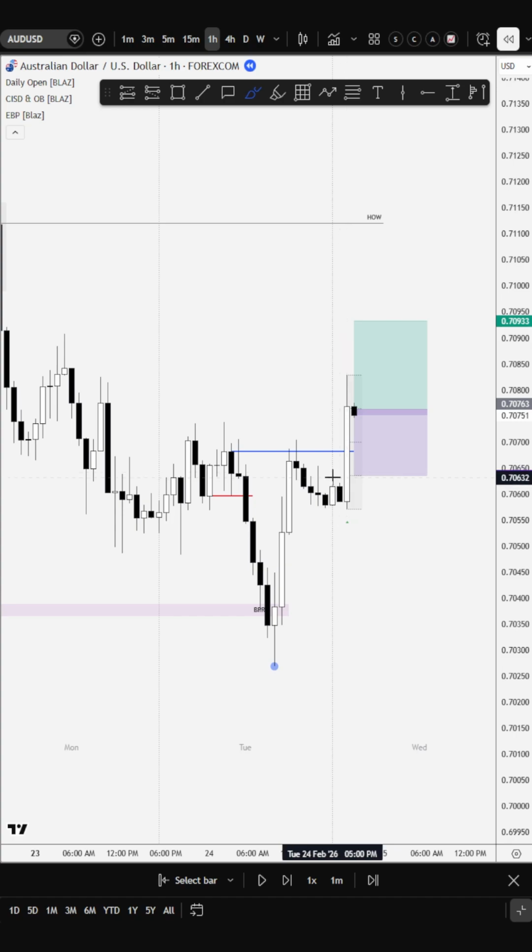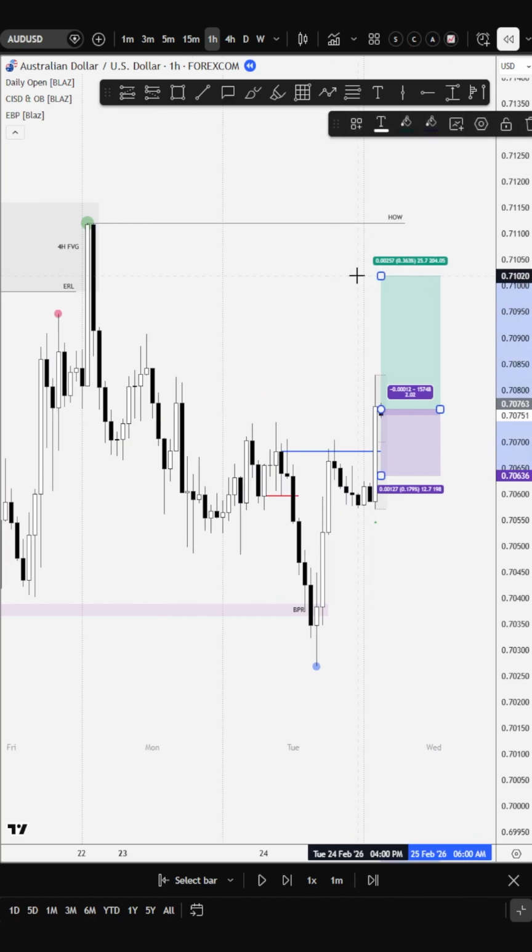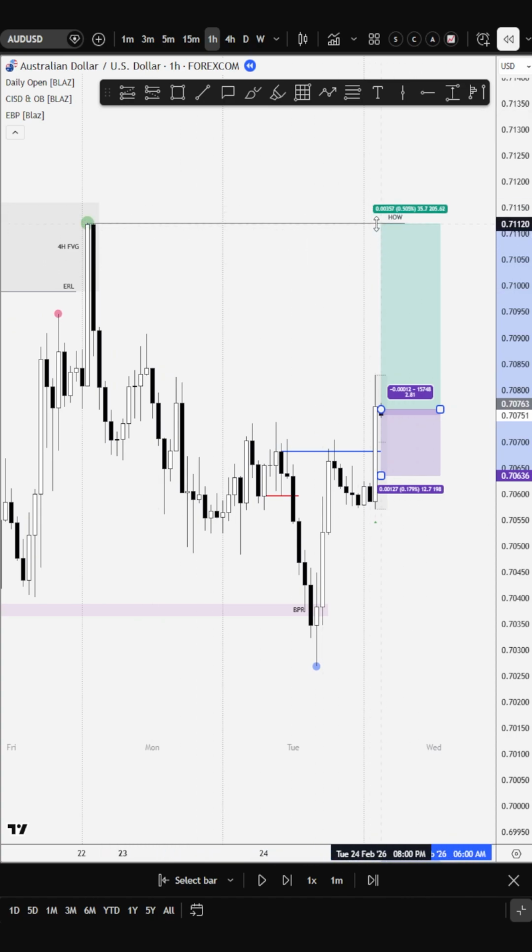So that's my invalidation level at the moment, the 75% retracement. My target would be either 2R, but considering that this is almost near the high of the week, which is my target for this week, I can easily have that as my TP, where I get around 2.8 Rs.